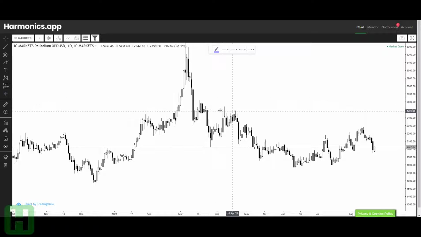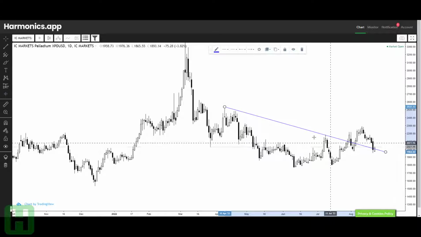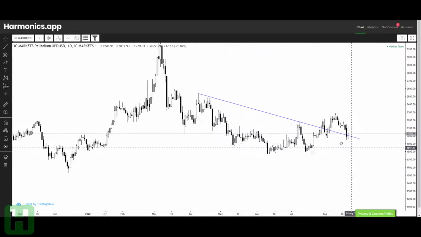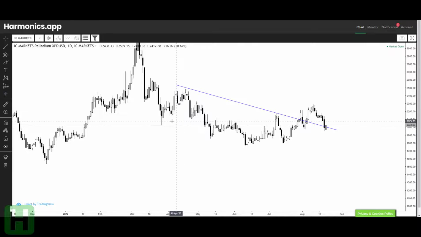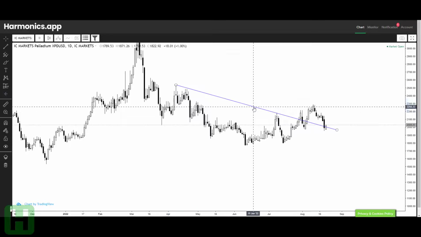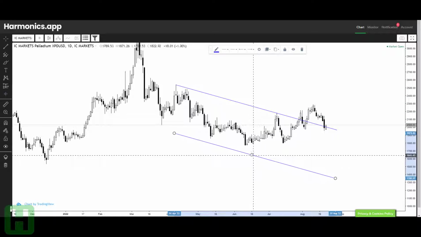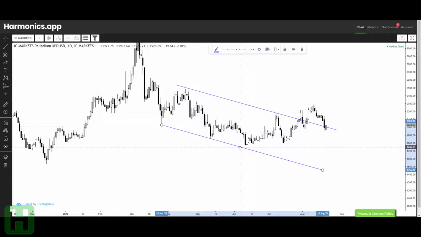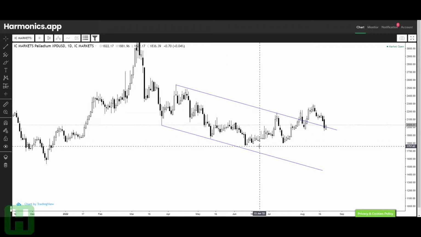I will connect this level with this one, and I will put on the below side of this downtrend also this trend line. I will copy it and check where it fits, and it fits nicely here.